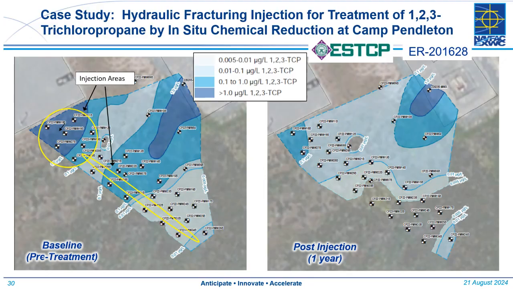You see the baseline on the left, and on the right-hand side we see performance after 1 year. After 1 year, we had treatment down to non-detect in at least about half of the PRB, but in general, concentrations across the site were reduced in the neighborhood of 90%.